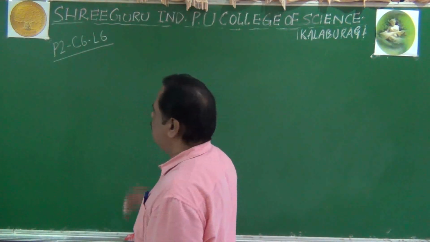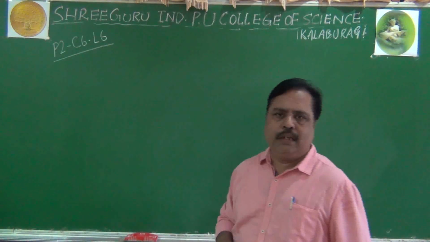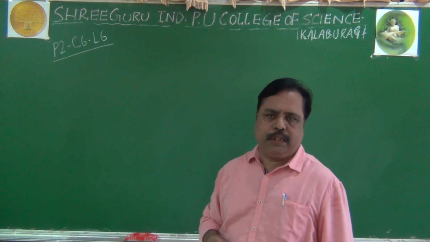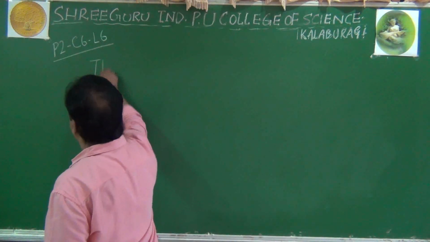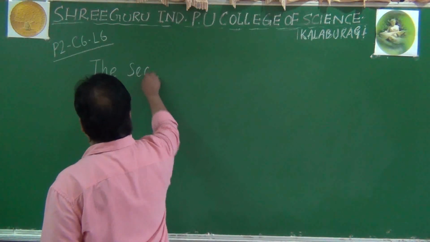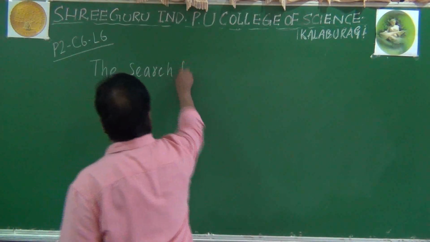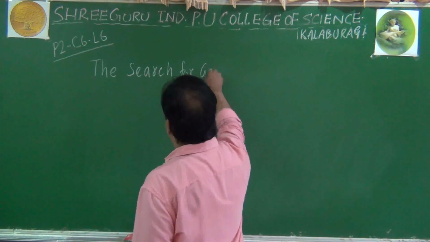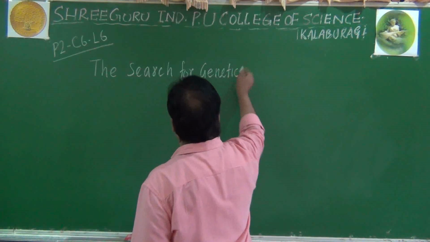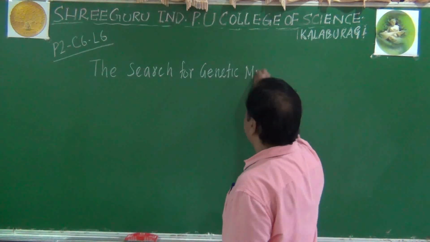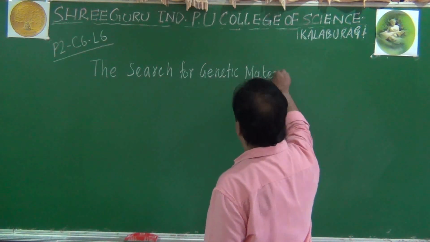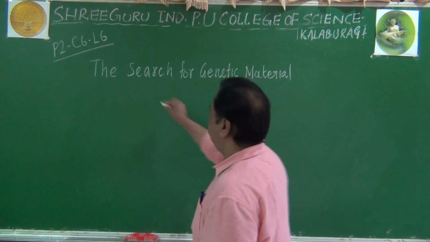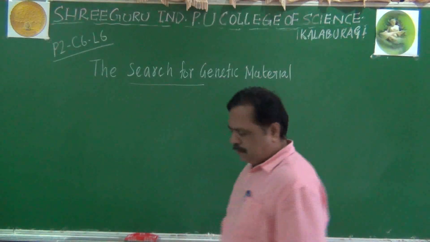The next subtopic we are going to see in this chapter is the search for genetic material. Where to search this, how to say which is the genetic molecule, that is what we are going to see here. The search for genetic material. Listen to me carefully.